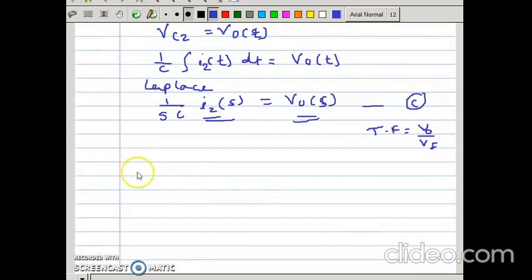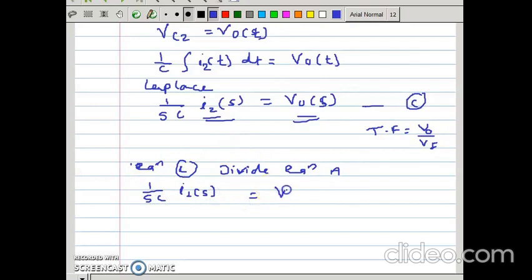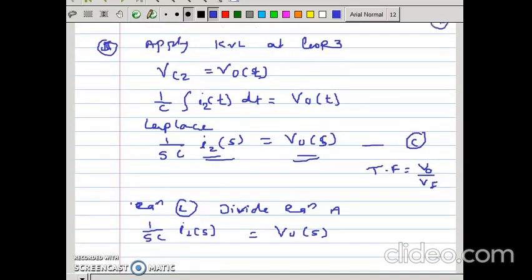So equation C divided by equation A. What is equation C? It is 1 upon sC2 I2 of s is equal to Vo of s. What is equation number A?